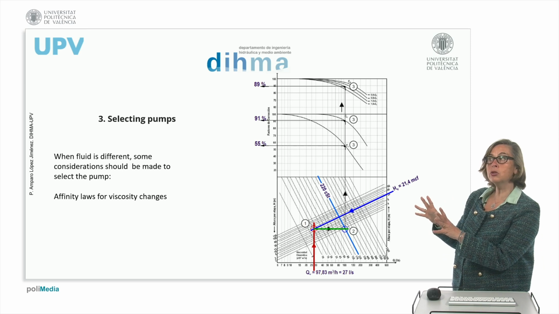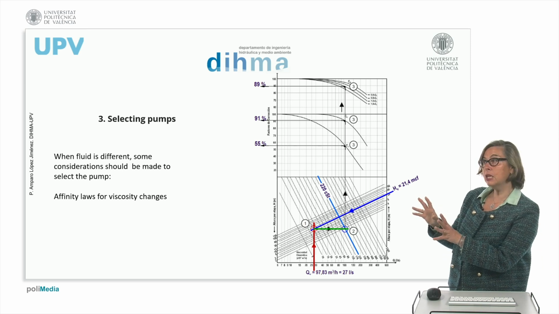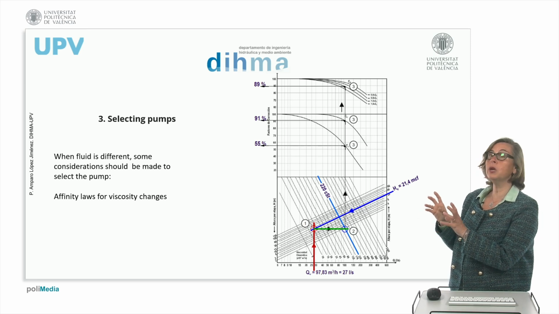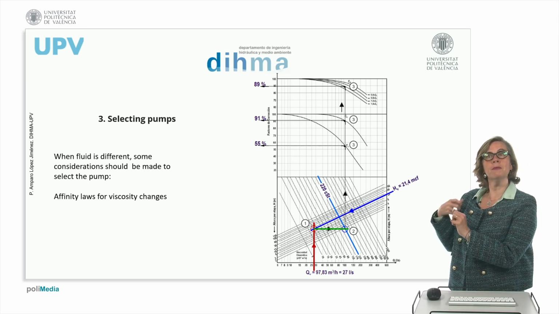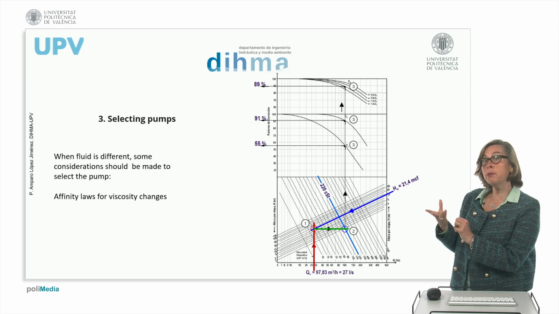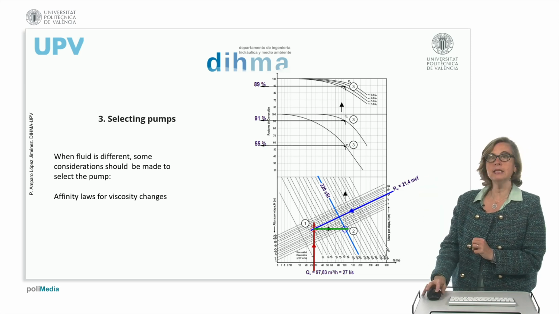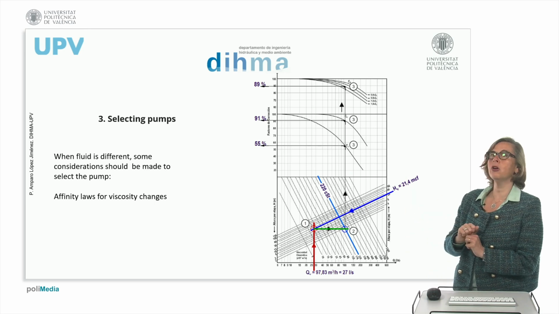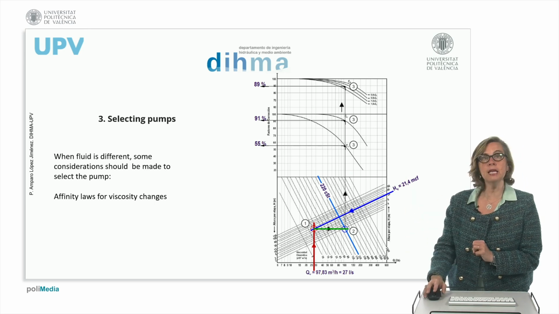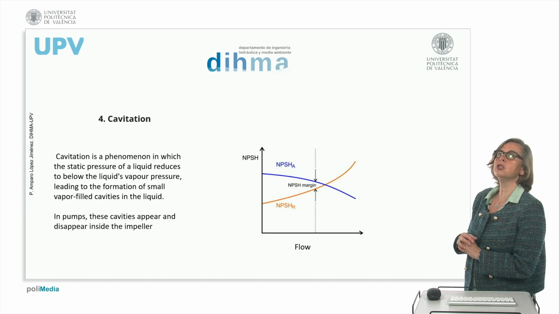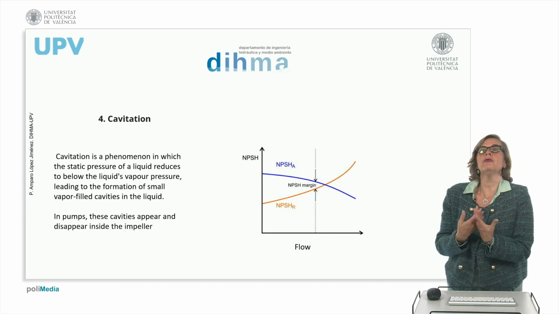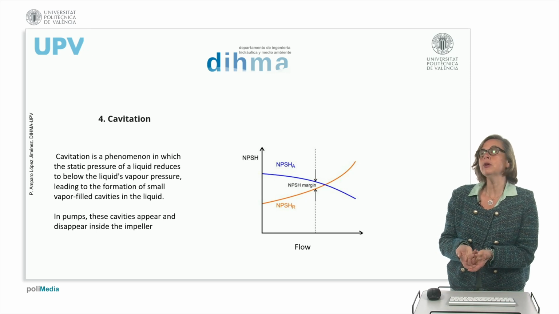Here we introduce some affinity laws for selecting a pump with viscosity, which we will not develop today, but we must say that when we select this pump, we must consider this viscosity to choose how the pump will behave. And as we indicate, cavitation is also very important for the selection of a pump and for the behavior of the pump.